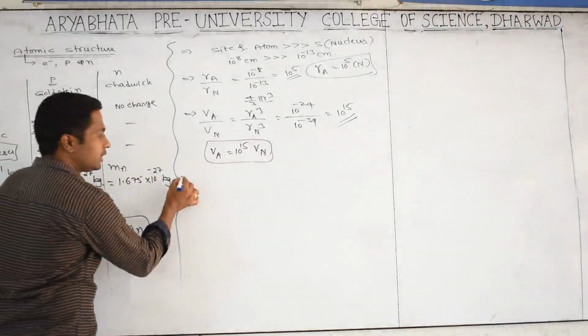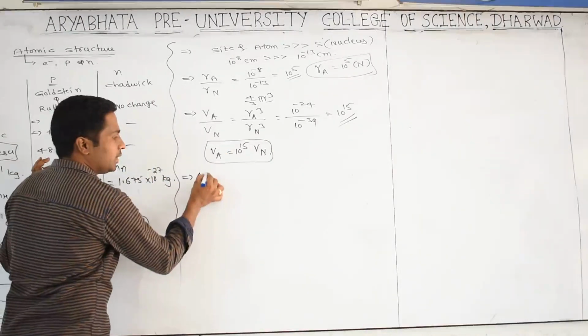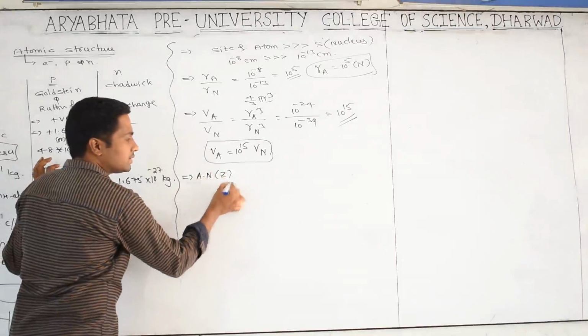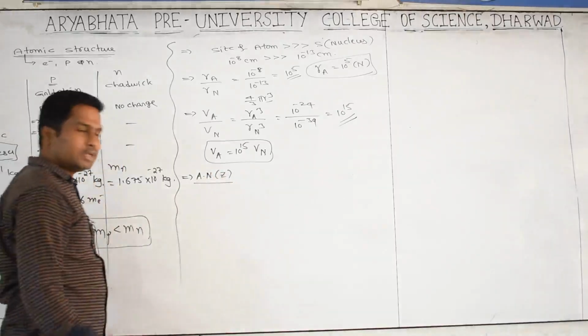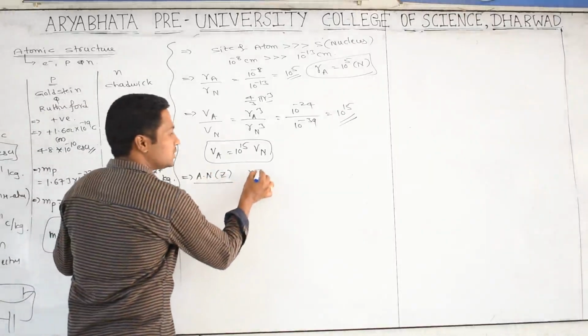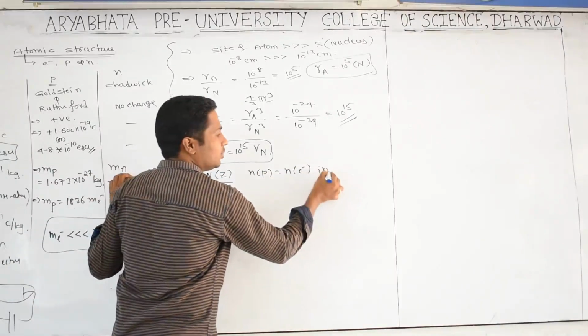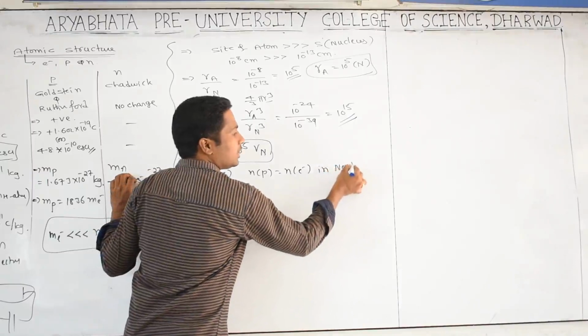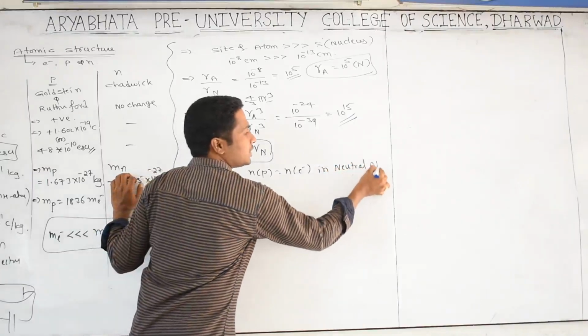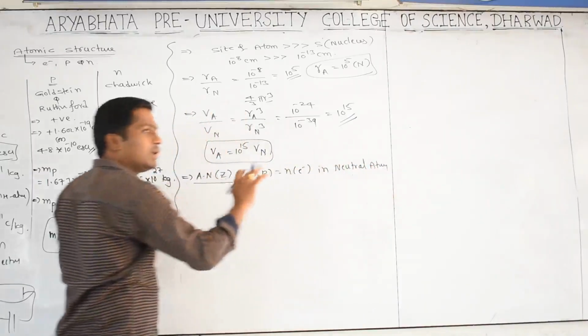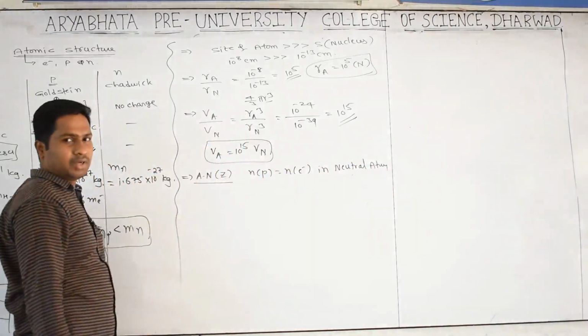Next is atomic number. Atomic number is denoted by Z. Do you know the definition? Atomic number means the number of protons or the number of electrons in a neutral atom. A neutral atom has no charge, so we can take either the number of electrons or protons as the atomic number.